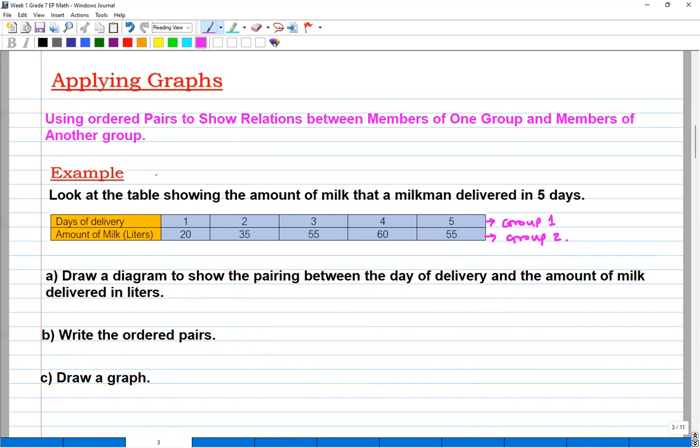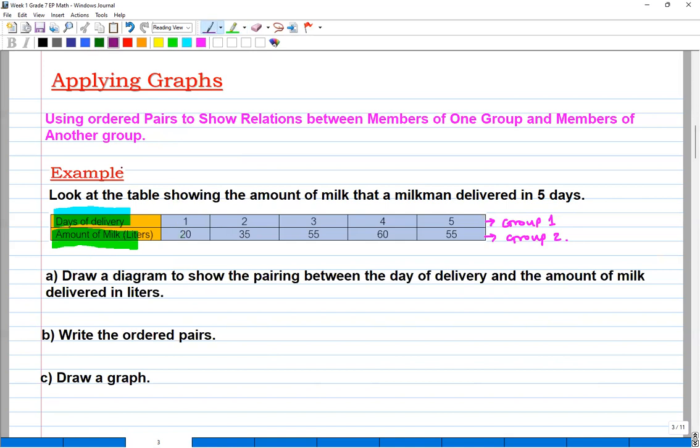Now look at the table showing the amount of milk that a milkman delivered in 5 days. You can see these are days of delivery. And here we have the amount of milk in liters.